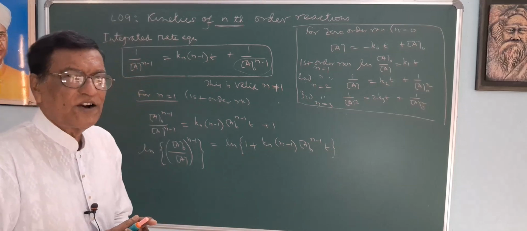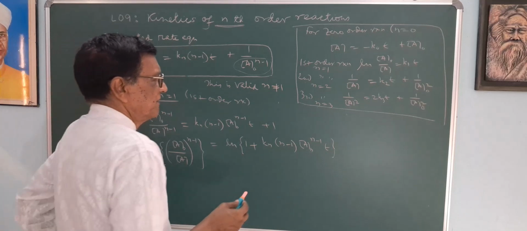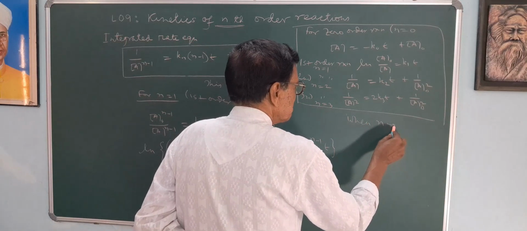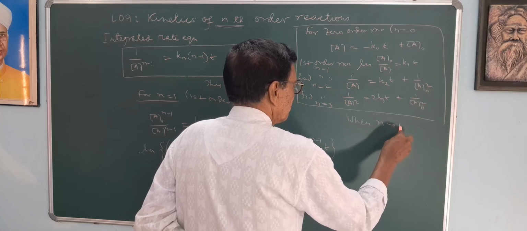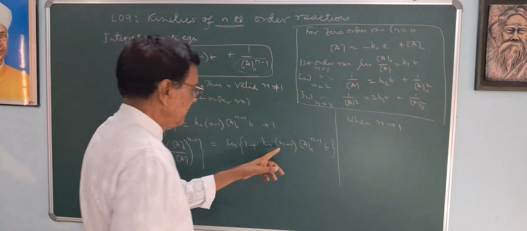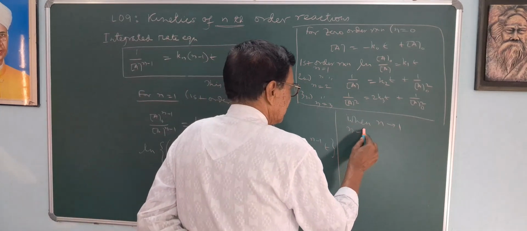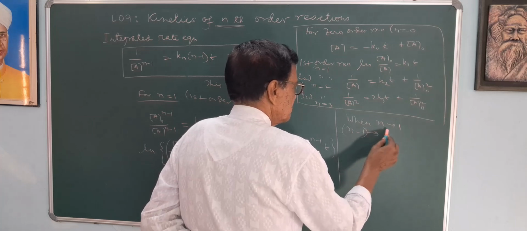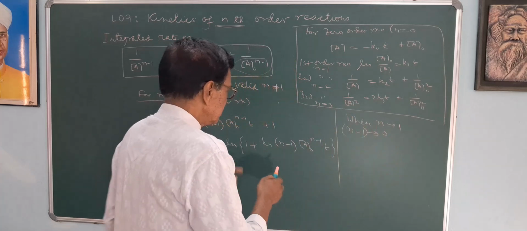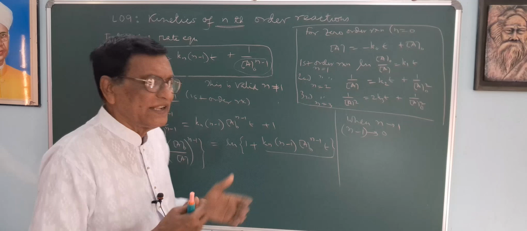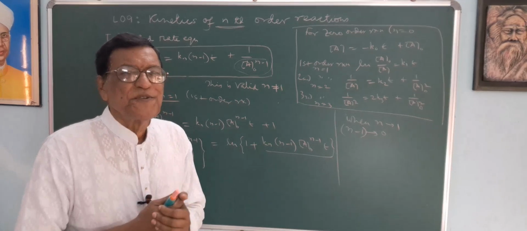Taking the log of both sides. But when n tends to 1, n minus 1 tends to 0. So this term totally tends to 0.